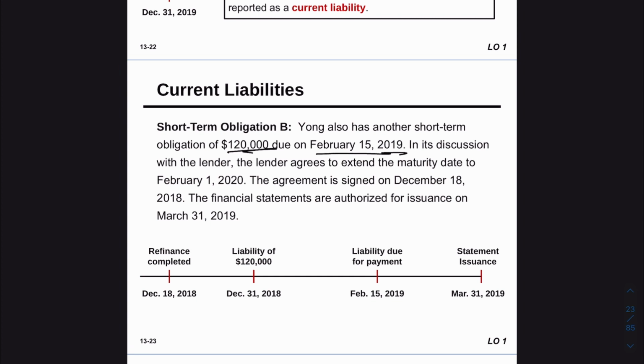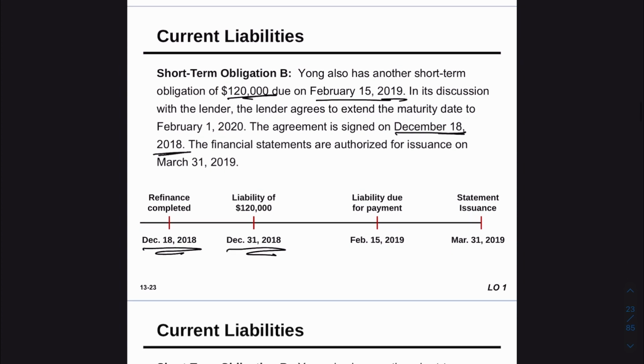So the agreement is signed on December 18, 2018, and the financial statements are authorized for issuance on March 31, 2019, which means we've reported that liability on December 31, 2018. But we agreed before reporting that liability, which is on December 18, 2018. And then we had that liability due for payment, and then we issued that statement.